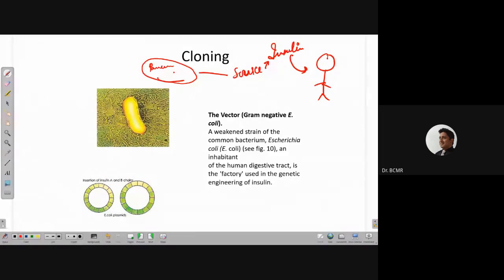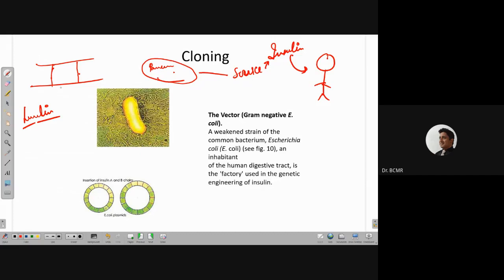So there were several ideas. Now we just knew that there is chain A and chain B, and there are two disulfide bonds, right? If we want to make insulin, I think it is called humulin, to produce human insulin, we need to have two chains bound by disulfide bonds.